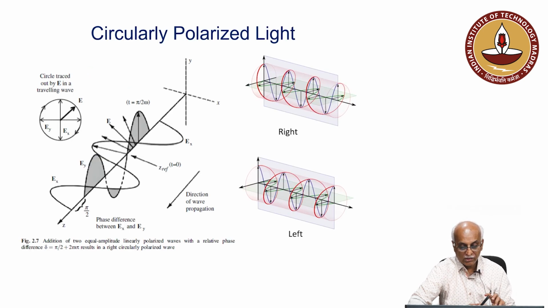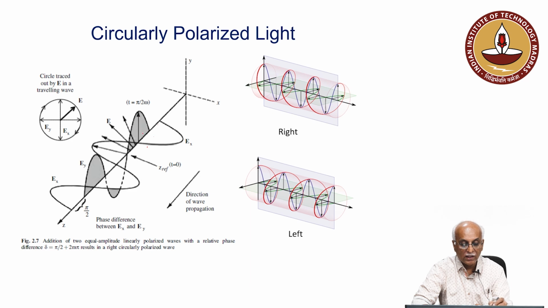Now a slight variation. Let's say we have two electromagnetic waves with two electrical fields oscillating perpendicular to each other, but with some phase difference, although the phase velocity is the same, that means the wavelength is the same.